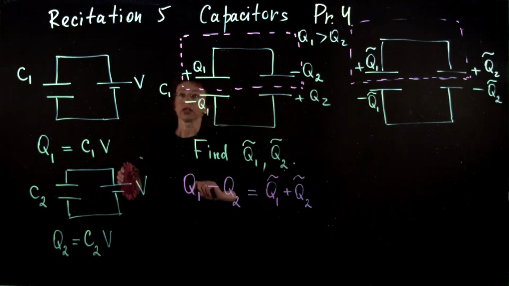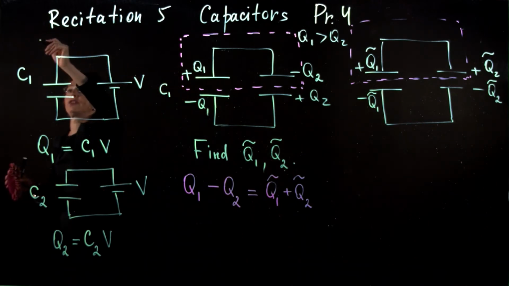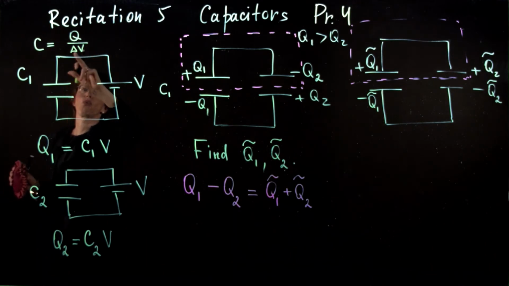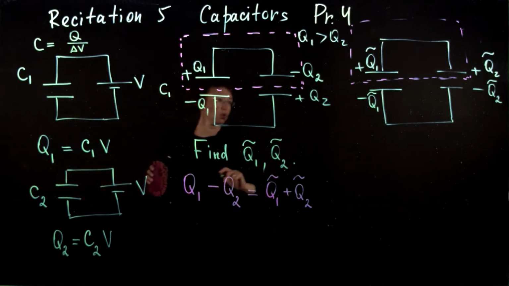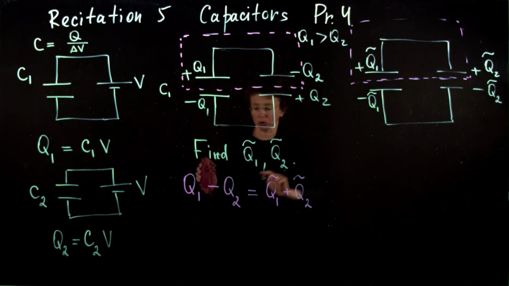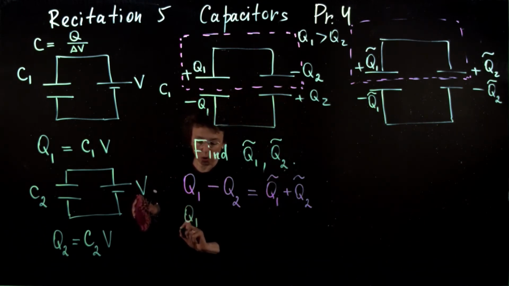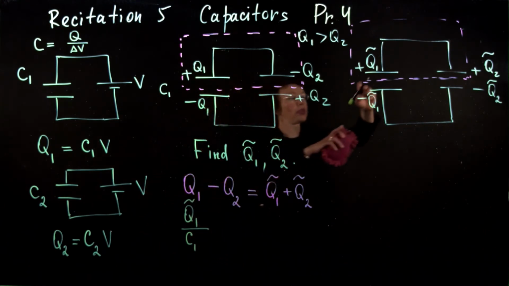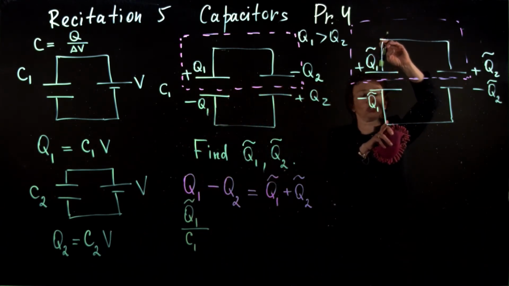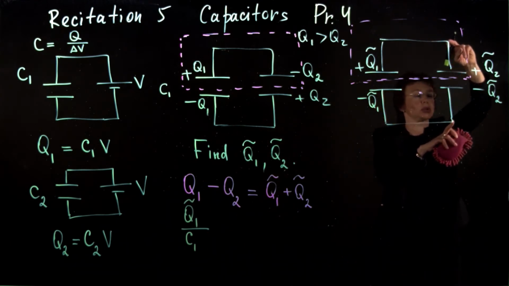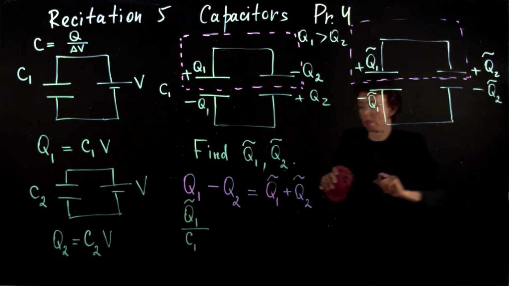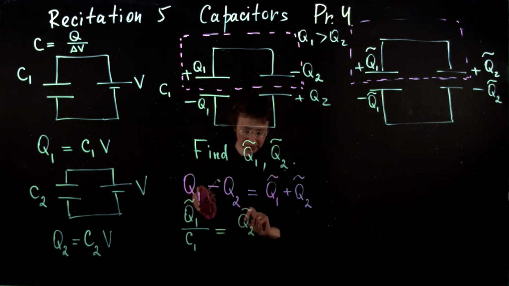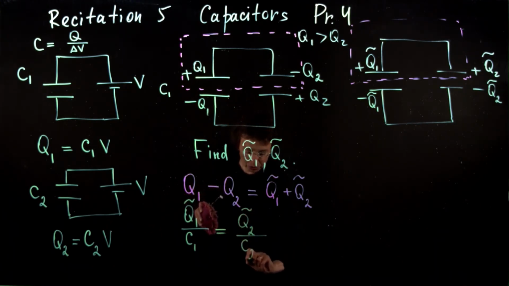I remind you that the definition of the capacitance is Q over delta V. So voltage delta V is Q over C. So Q1 tilde over C1, this is the voltage change across this capacitor, is equal to the voltage change across this capacitor, which is Q2 tilde over C2.